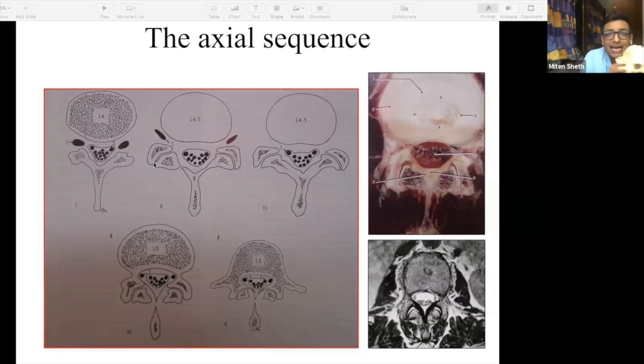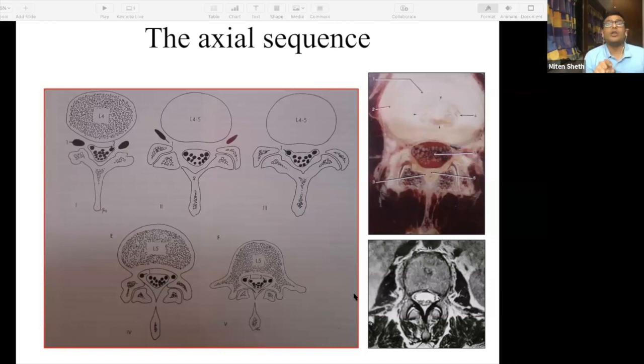So what exactly do you see on an axial sequence? Again, when you get an axial sequence, identify the T2 weighted axial sequence. A T2 weighted axial sequence is an axial sequence that is going to appear white in the center and not black. When you take it in your hand, you are again going to get mostly 16 images, 1, 2, 3, 4, 5, 6, 7, 8, like that.